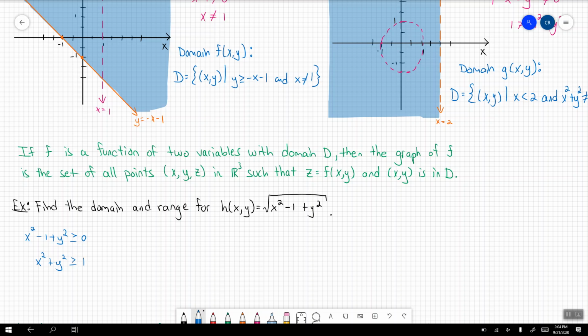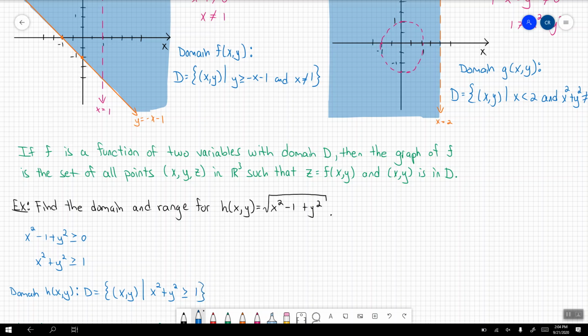And what this says then for my domain of h of xy, the only restriction that we have here is that our ordered pairs have to satisfy the equation of that circle, or this inequality, for that radius to be greater than or equal to 1.